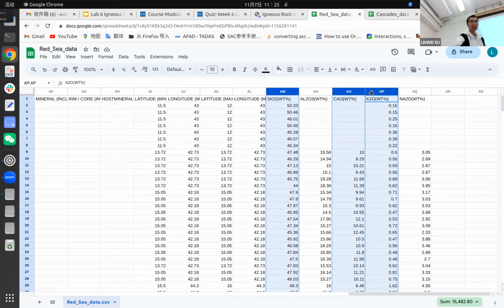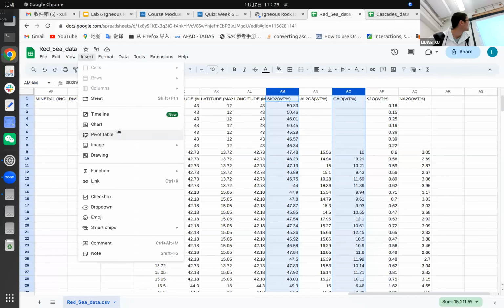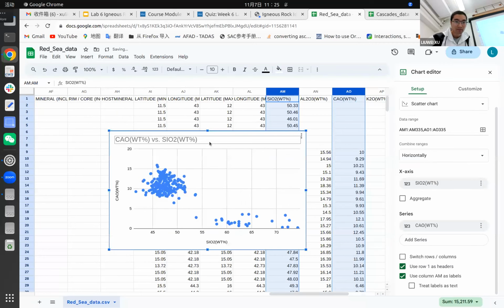So you need to plot how CaO changes with SiO2. You choose these 2 columns and insert a chart, and it will give you this kind of scatter points. Each point corresponds to one rock sample, showing how much SiO2 and how much CaO it has.